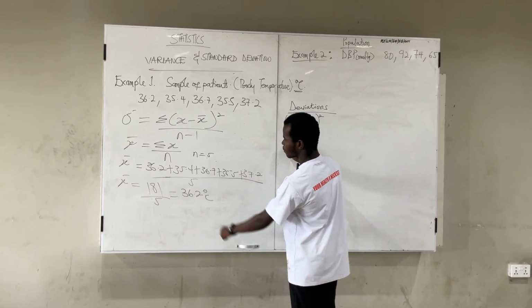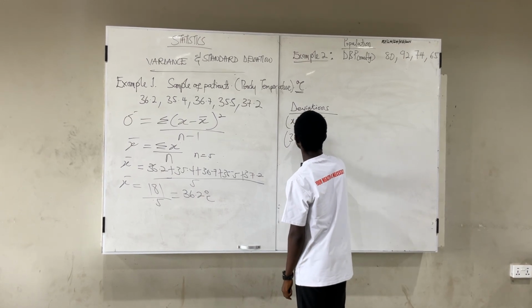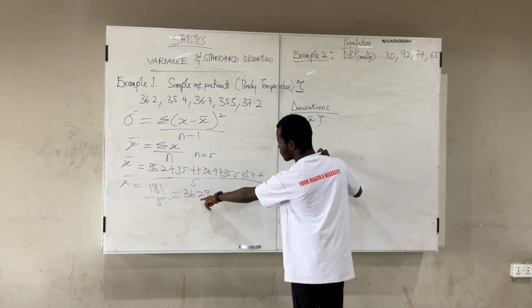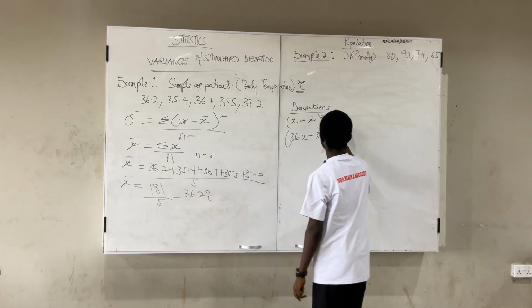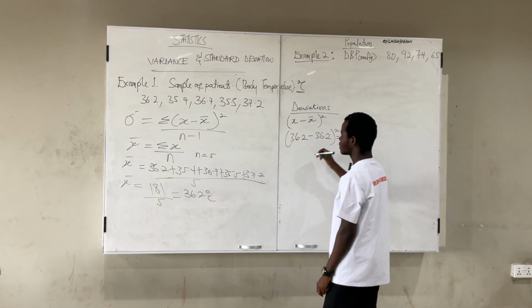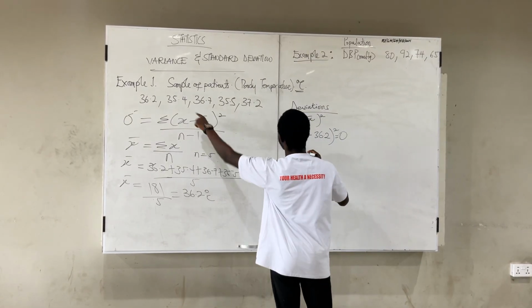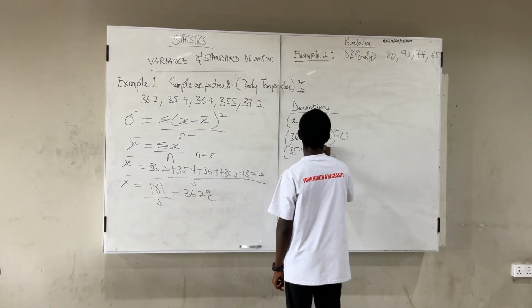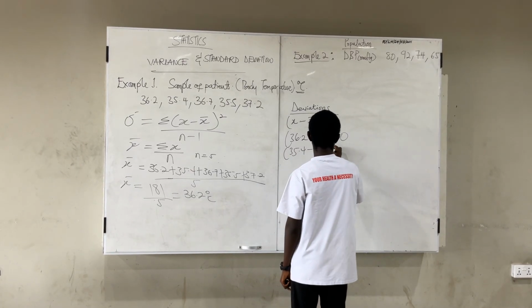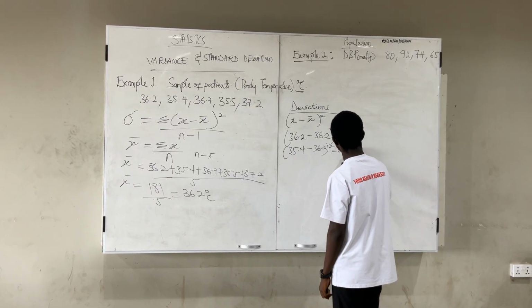So let's start from the first observation. 36.2 minus the mean, which is also 36.2, and you square it. So it will give you 0. Then the next one is 35.4. 35.4 minus 36.2, and you square it, which will give you 0.64.